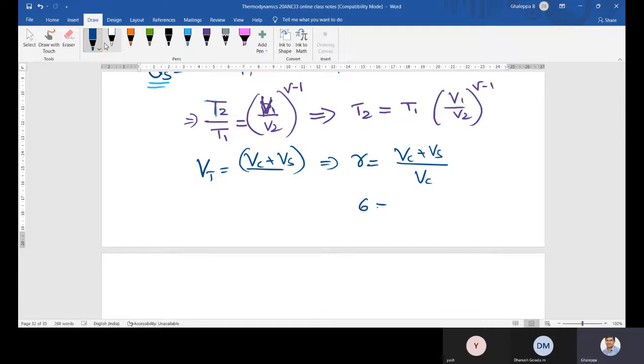This value he has given as 6, but Vc is not given. So how to calculate Vc using this equation? You tell me, how will you calculate?